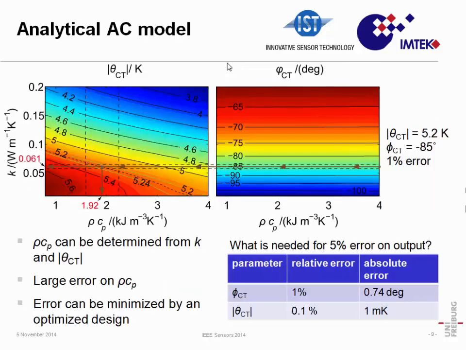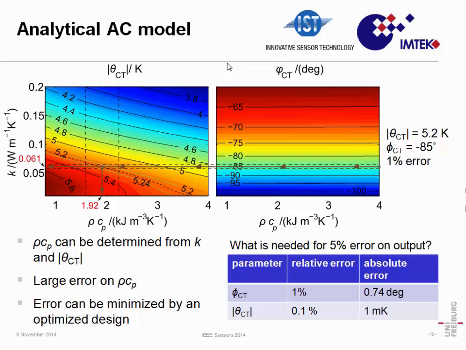So how can I then determine the volumetric heat capacity? Let's say we have a gas that is flowing. We have a measurement of 5.2 kelvins in the amplitude and 85 degrees in the phase, and let's say I have achieved a 1% error on this measure.